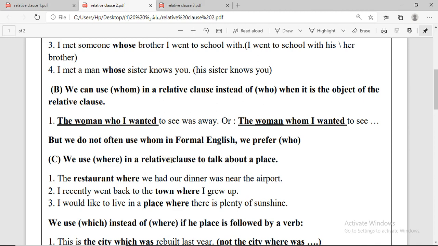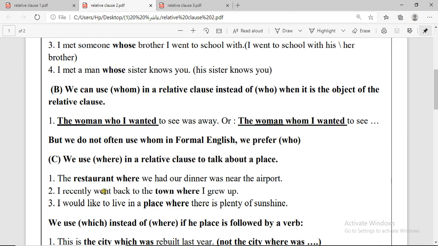For example, hospital, school, hotel, street, house, home, Amman, city, mall, etc. These are places. So with the places we have to use what? Where. The restaurant where we had our dinner was near the airport, because we are talking about a restaurant, a place. So we use where.